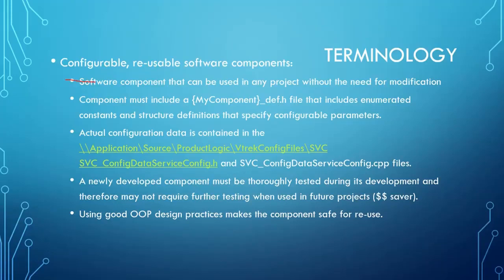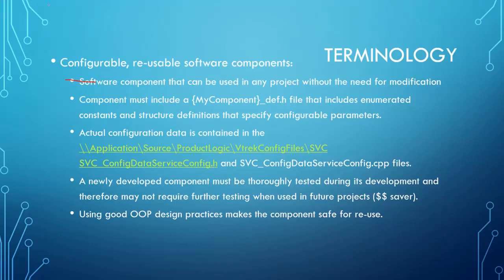This is part of a design pattern in Vtrek: the code set for any configurable component will need to have a _def.h file, with enumerated constants and structure definitions for the configurable parameters. The actual configuration data is in a monolithic structure that you'll find in the data service config.h and config.cpp files at this location.